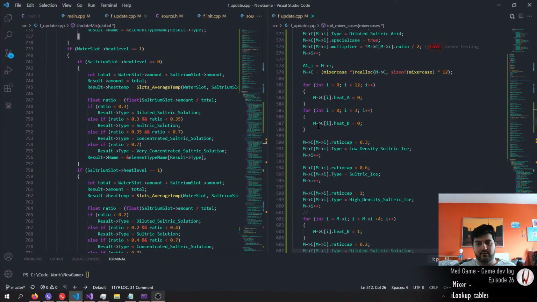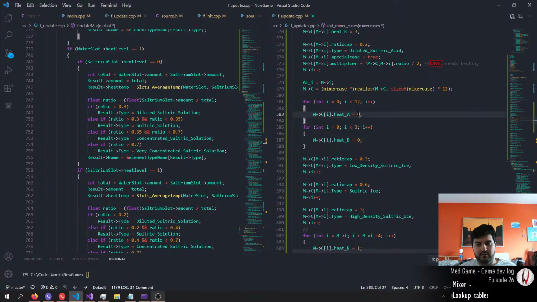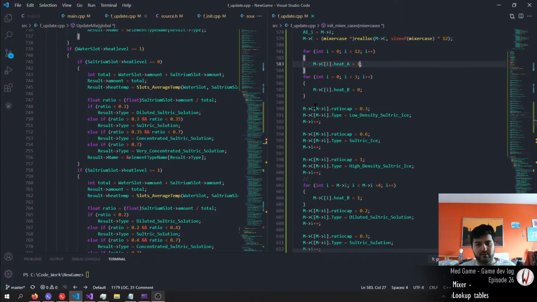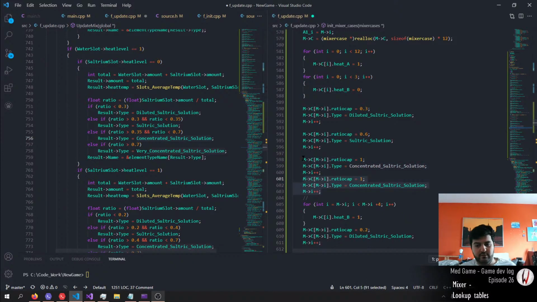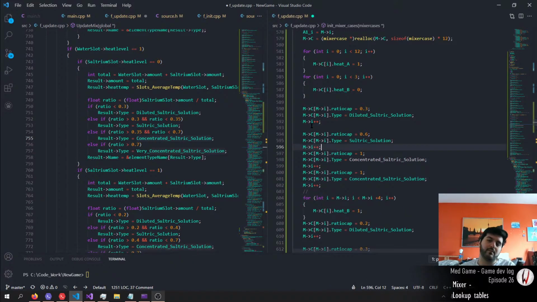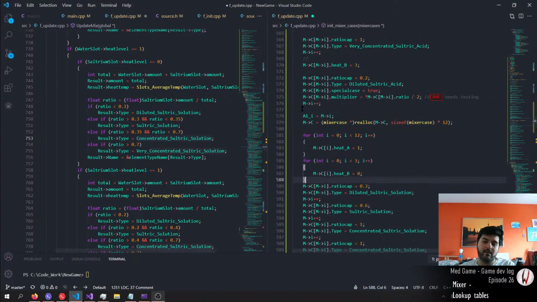Now the second case where a equals 1, and case 0. Diluted salt solution. You know what?